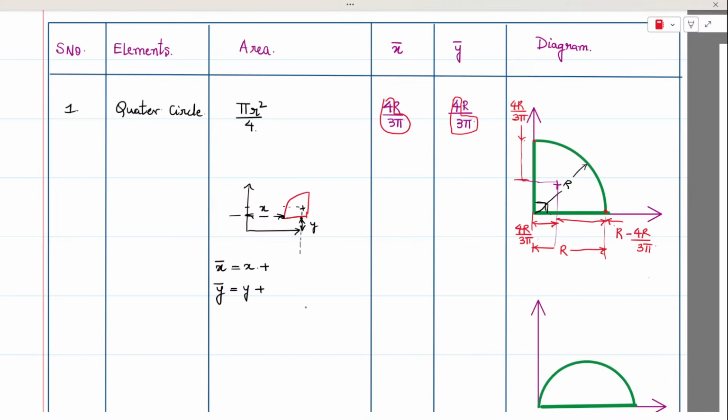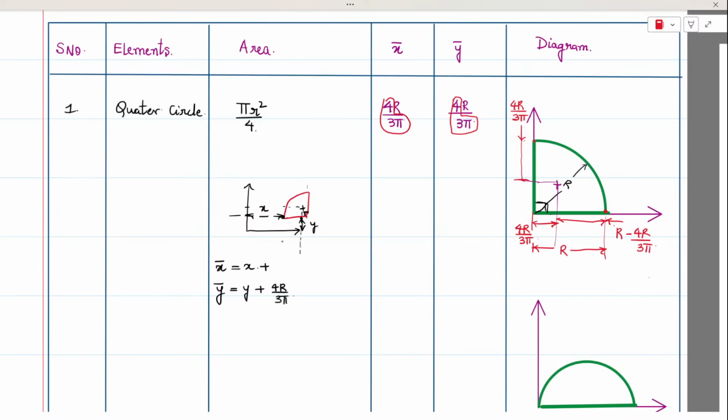So now you are finding that in the case of the y direction, the right angle edge will be faced. It's not the curvature side, it's the right angle edge. So the same coordinate, that is 4r by 3 pi, will be copied over here.